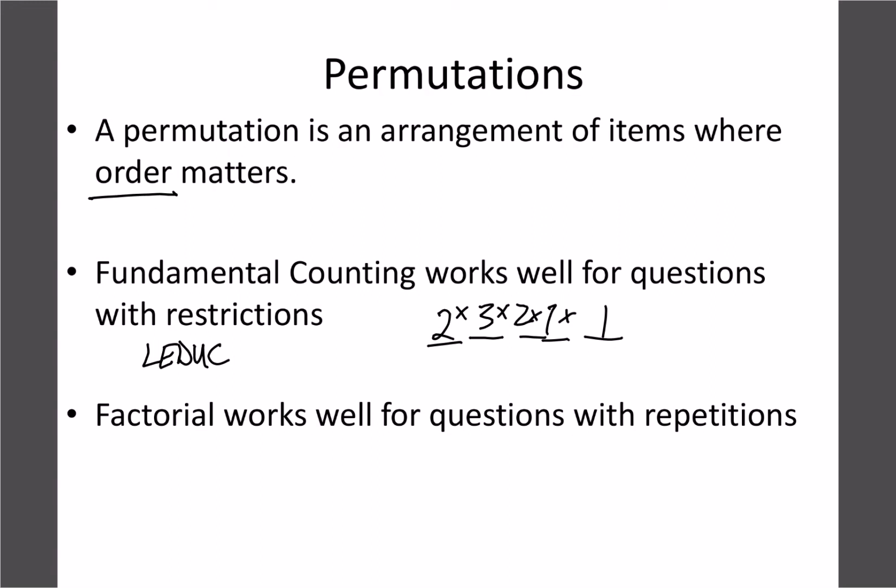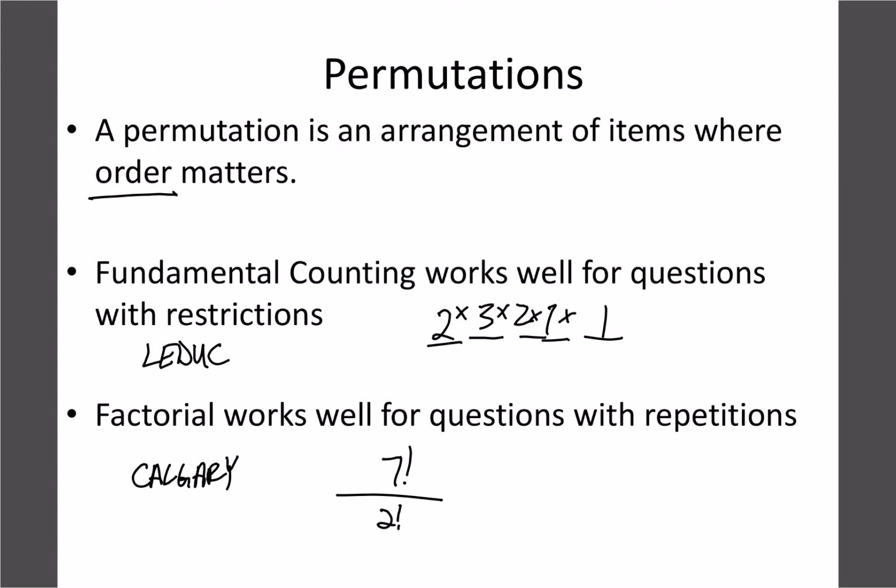So whenever you have your restrictions, it's usually best to use fundamental counting and make sure you solve with those restrictions first. Factorial notation, we looked at those, and these ones work best for repetitions. So if I gave you a word like Calgary, and we want to arrange all of the letters, we got 7 letters to choose from, so 7 factorial ways of putting them in order, but we have 2 A's, so we got to divide by those 2 repetitions.